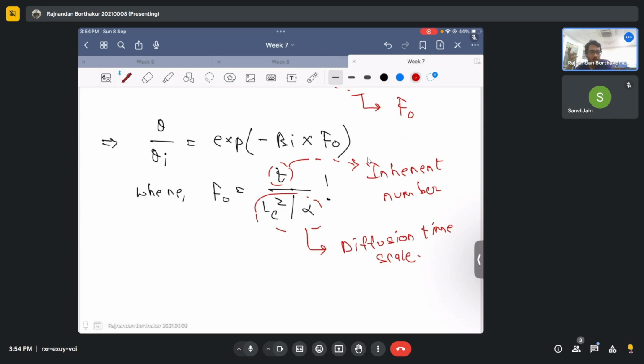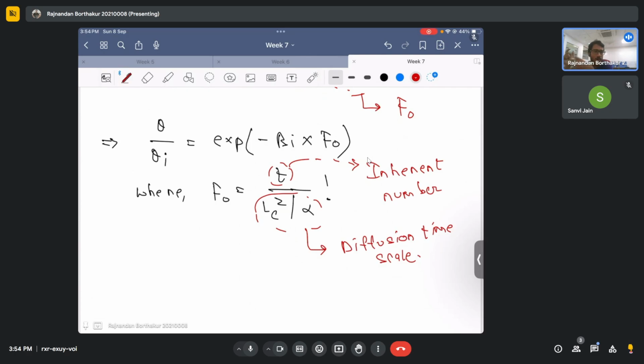So the Fourier number is the ratio of the time scale of the problem, the inherent time scale, divided by the time scale that the heat would require to diffuse into the body.